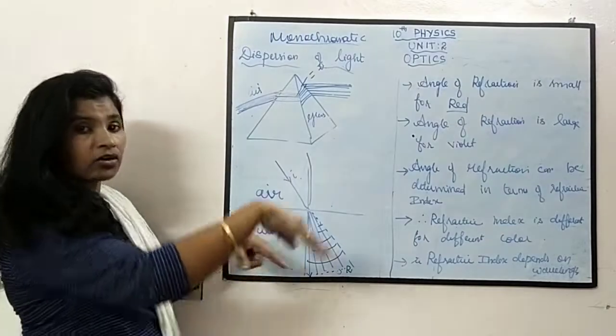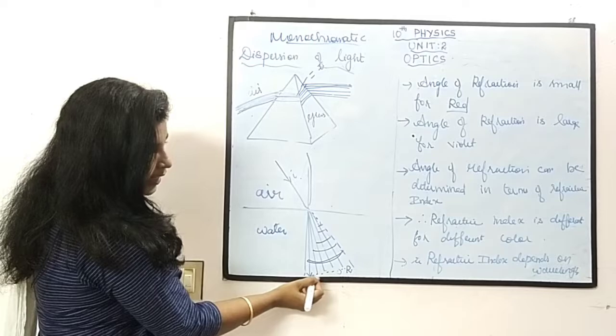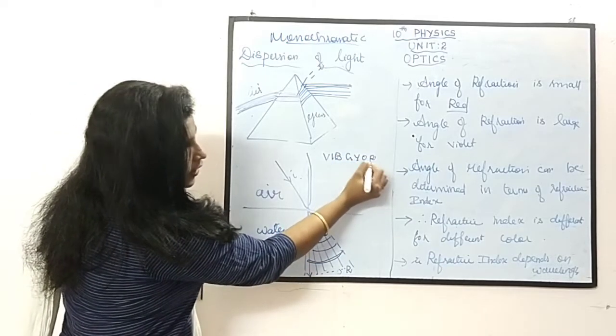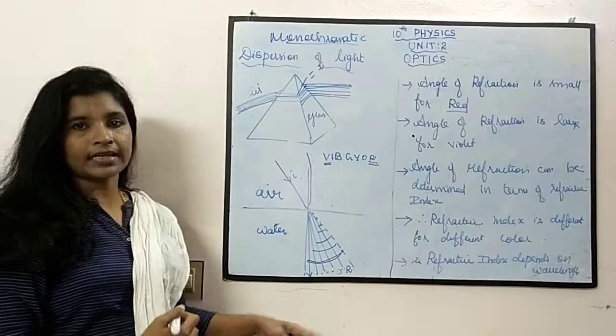For which color will the angle of refraction be more? The last color, that is violet. Okay, don't forget it. For red the angle of refraction is very small, and for violet it is very large.